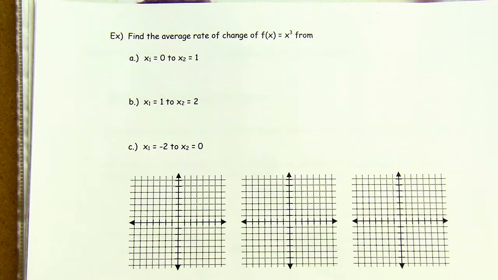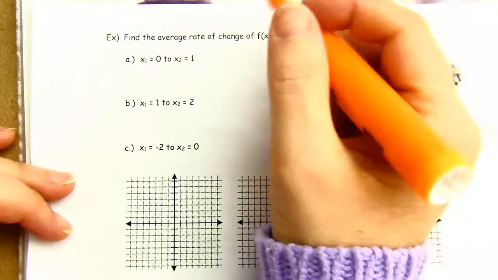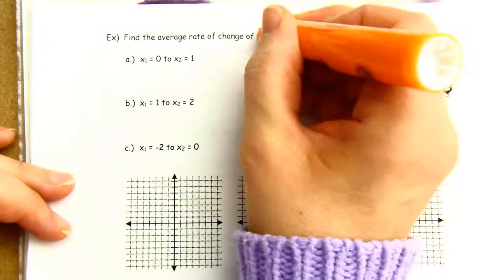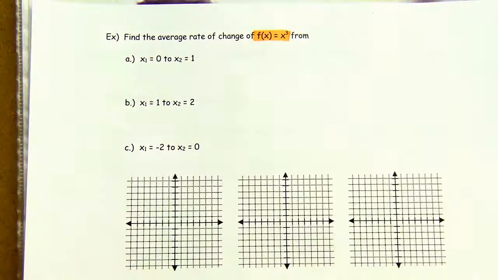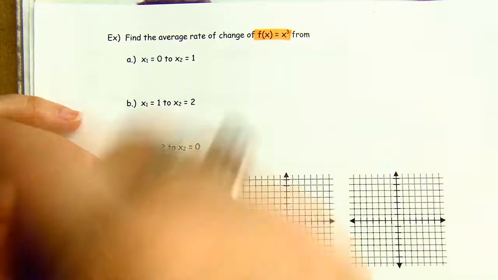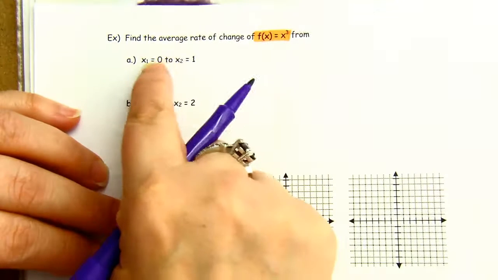All right, so find the average rate of change. I like to either circle or highlight my function because sometimes these are more than one term. This one happens to be just one term, x cubed. But sometimes there's more going on, and so you're going to want to circle or highlight the whole entire function equation. All right. What do I have?